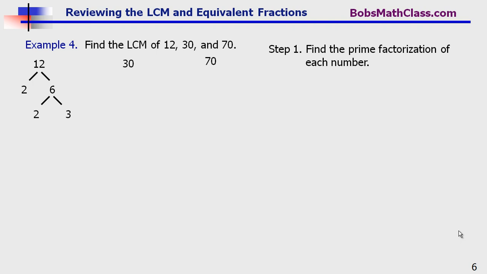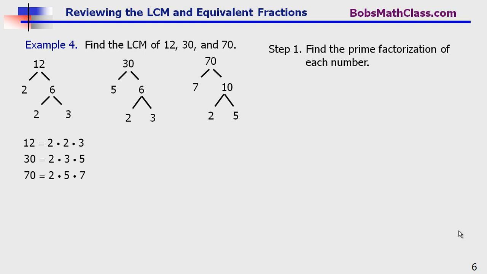Now we'll do the 30 next. 5 times 6, and then again 6 is 2 times 3. And then 70 is 7 times 10. 10 is 2 times 5. Now we'll write it in row format. Remember, if I'm going too fast, just pause, catch up, and then click back on play.